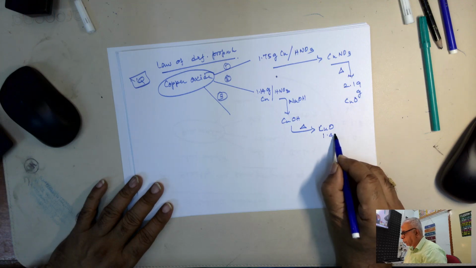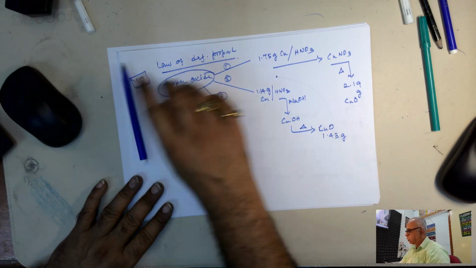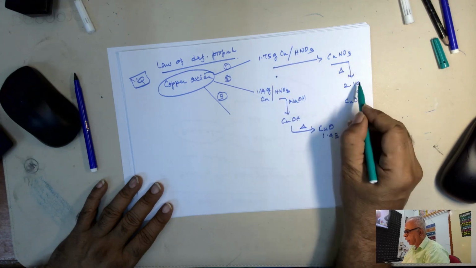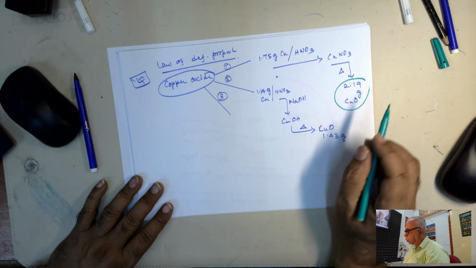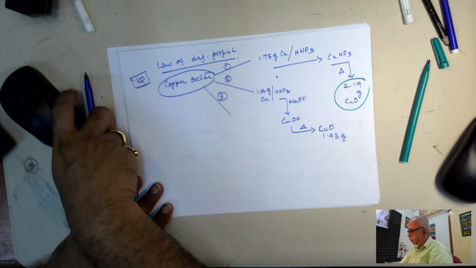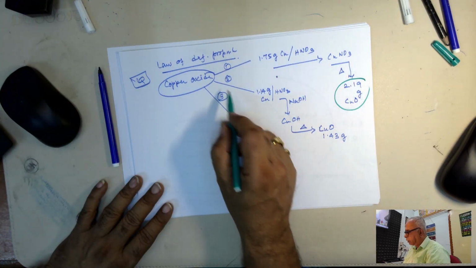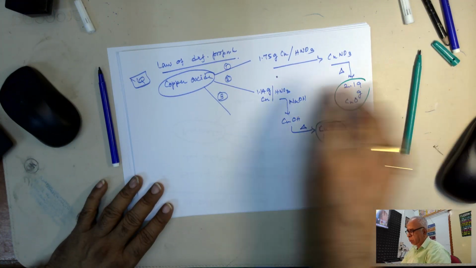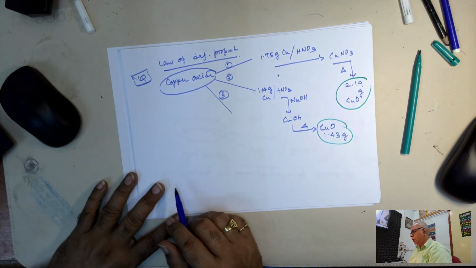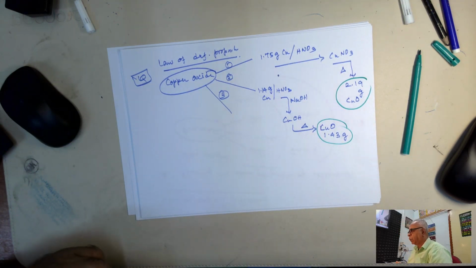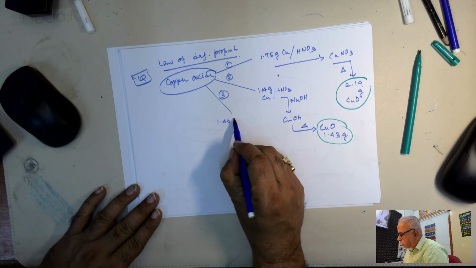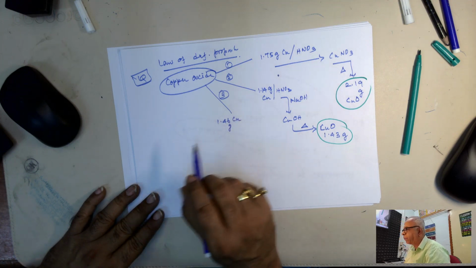Now remember, in the first method, by taking 1.75 gram, you are able to get 2.19 gram of copper oxide, and in the second case, you are able to get 1.43. Right.